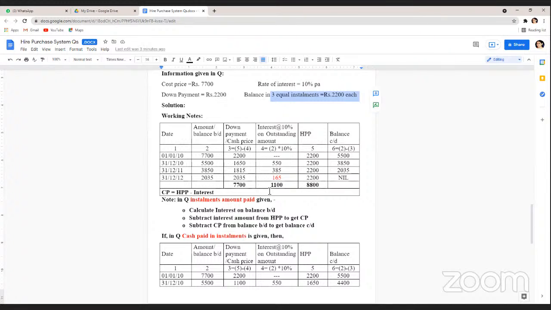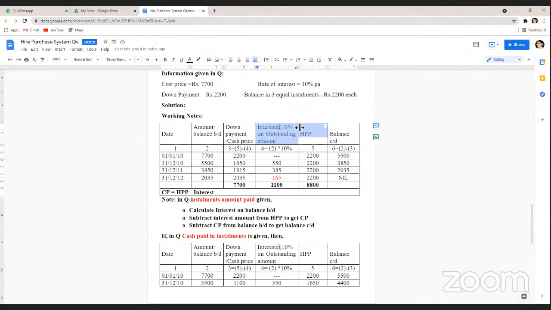Some companies will charge the installment including your principal and interest, and in some the installment amount will remain constant, which includes the cash price and the interest. Usually as an outsider we don't do that. Overall, are we getting an equal amount of installment or not?